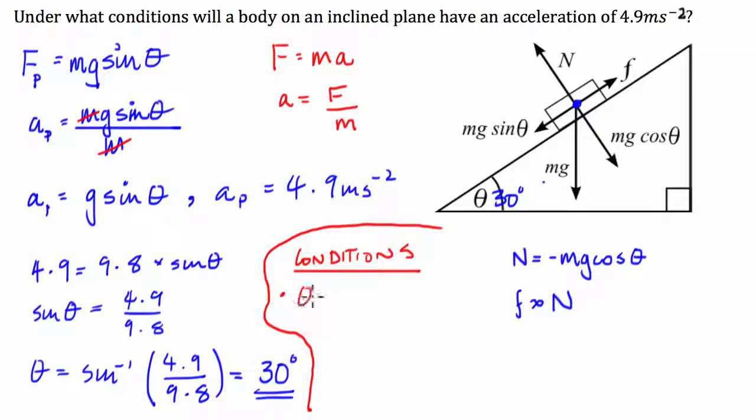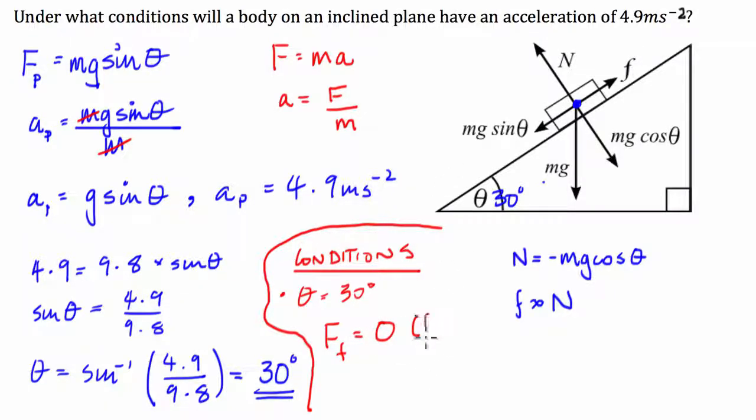Number one, theta has to equal 30 degrees. The second condition is for this to work, this force of friction here has to be 0. So we can say that the force of friction has to be equal to 0.